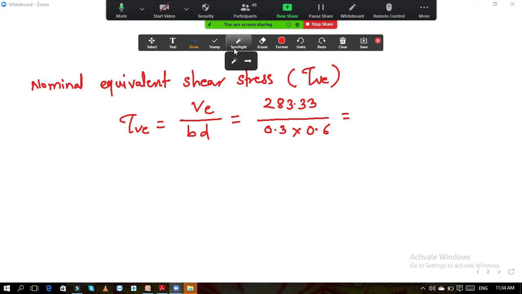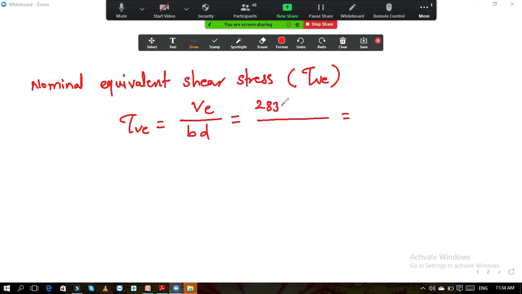So instead of this, now we will take it in Newton mm. That will be much easier for us. This is also a right value, because this force is in kilonewton and these dimensions are in meter, so you will get the stress in kilonewton per meter square, and afterwards we need to convert that into Newton per mm square. So instead, we will put the values here itself in Newton mm.